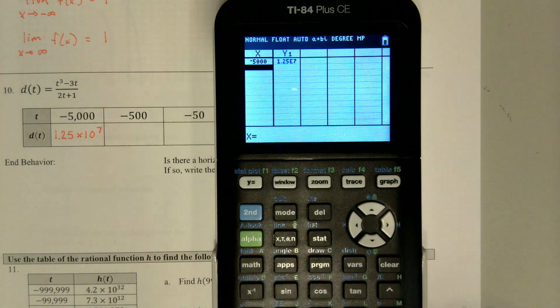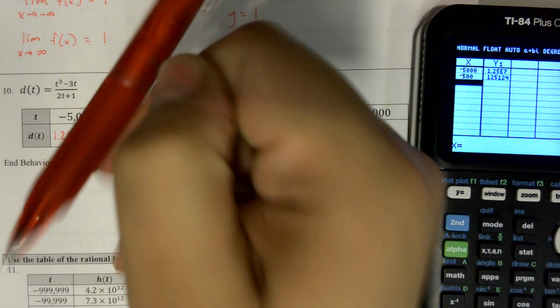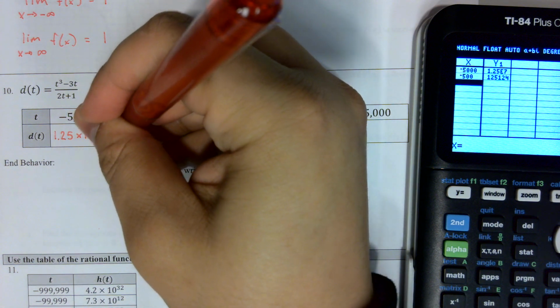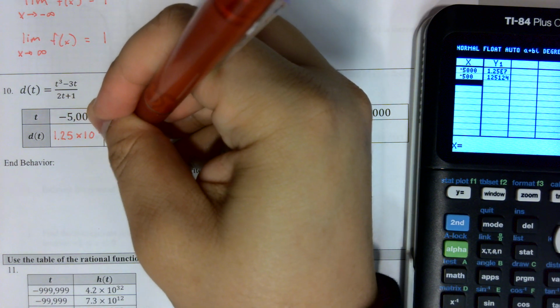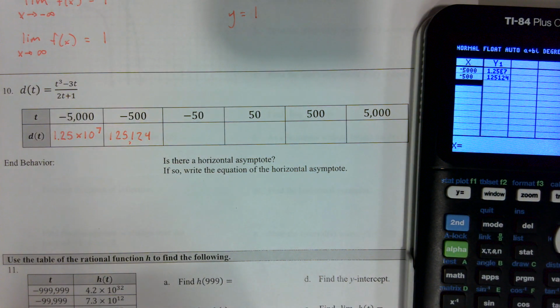If we go back to our table and we type in negative 500, it's not a decimal anymore. It is 125,124. So still a very large number, but not 12.5 million. What if we do negative 50?